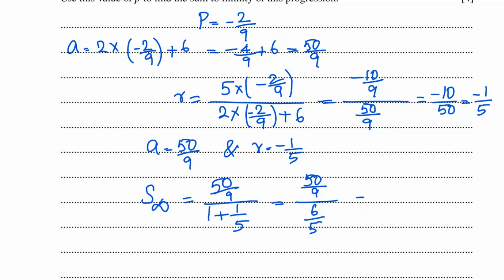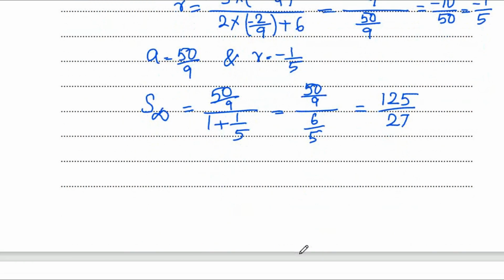On simplifying this fraction, we get the value as 125 divided by 27. So sum to infinity is 125 divided by 27.